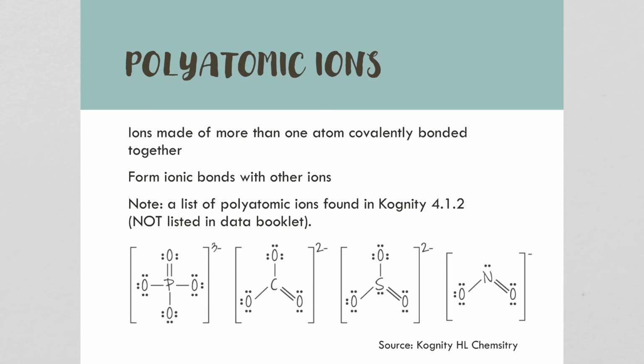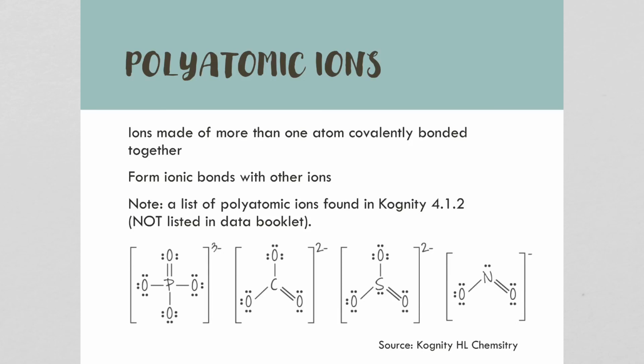We've already addressed polyatomic ions before, but just as a recap, polyatomic ions are ions made of more than one atom, covalently bonded together, but then they'll form ionic bonds with other ions. So these carry an overall charge, usually a negative charge, but you'll find out that that's not always the case. Now, a list of polyatomic ions can be found in our Cognity textbook in section 4.1.2.